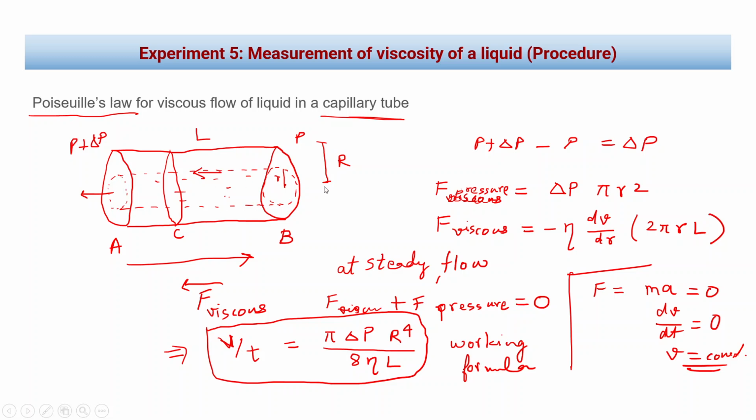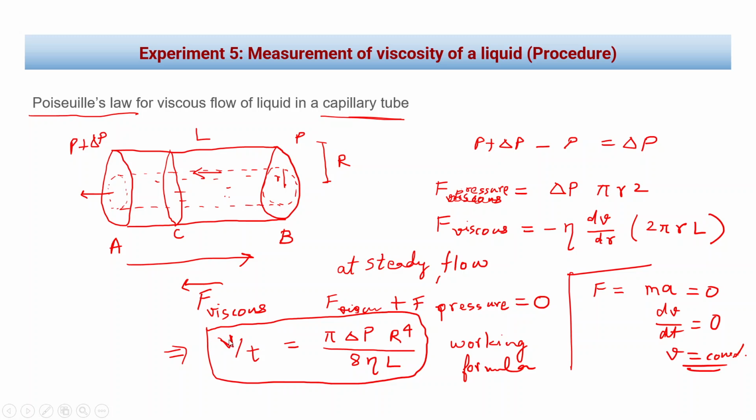If you remember, there was a capillary tube in which the liquid was being flowed, and we were also using a manometer to measure the pressure difference between these two ends so that we can put the value in this working formula. And there we had measured the radius of the capillary tube, we had measured the length of the capillary tube, and we wanted to measure this eta, coefficient of viscosity.